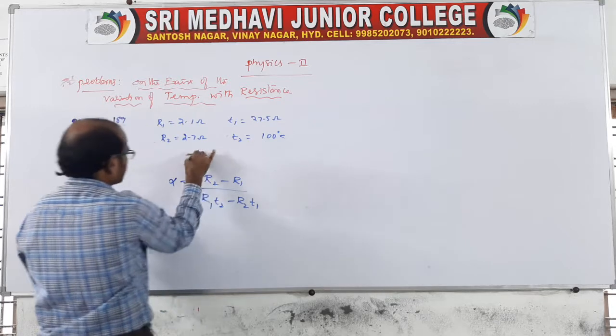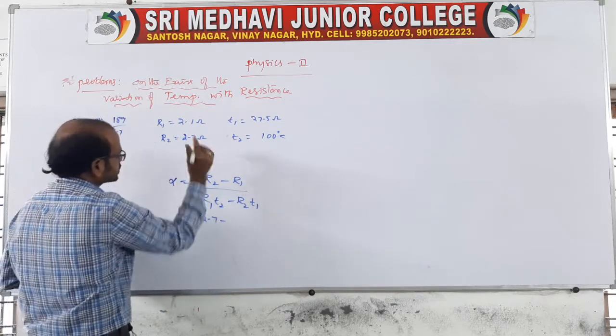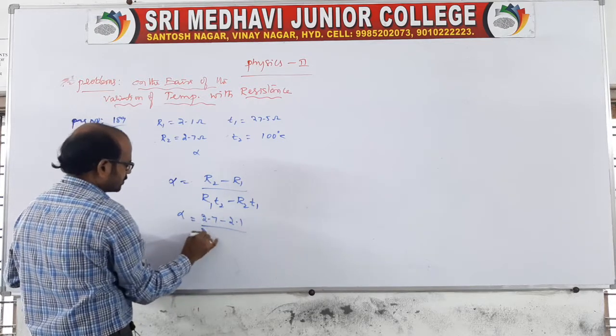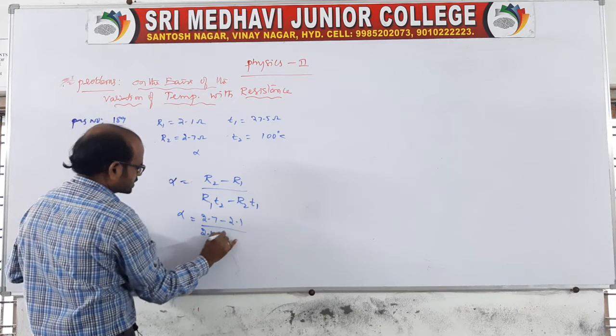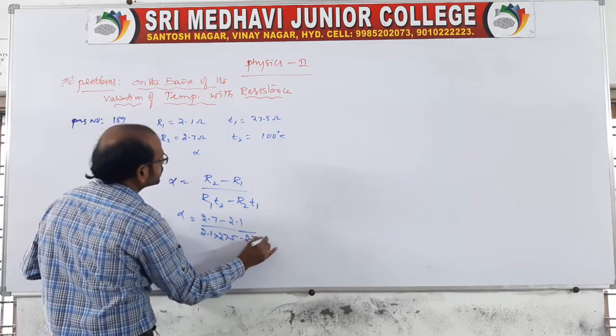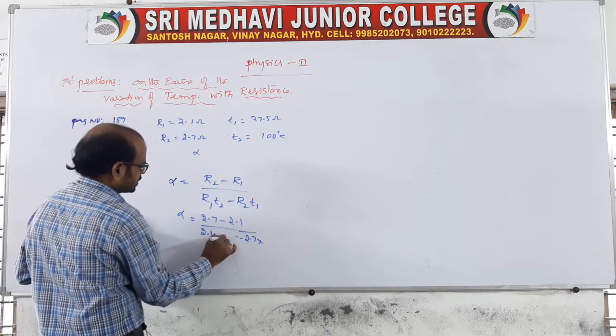It is asking for alpha. So alpha is equal to (R2 minus R1) by R1 into (T2 minus T1), that is 2.7 minus 2.1 by 2.1 into 100 minus 27.5.